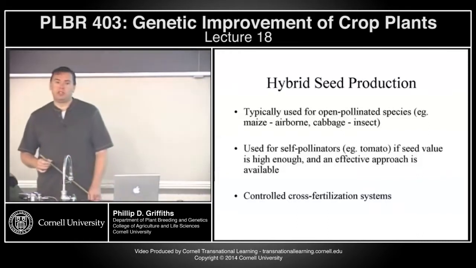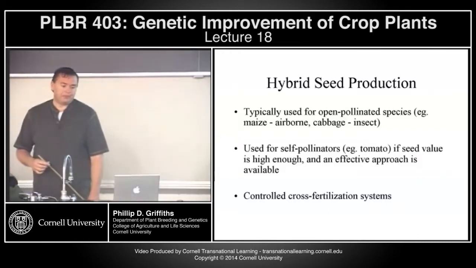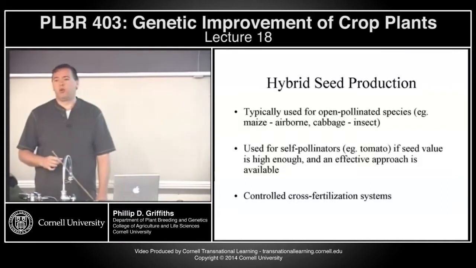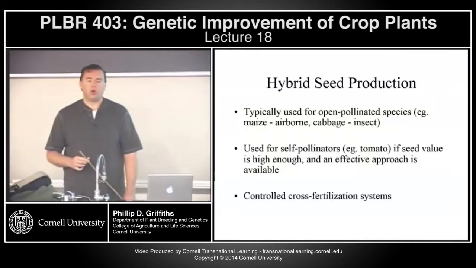It should also be noticed that hybrid seed production does not work in all crops. In fact, it's not used in many crops. Many of the large crops that are typically self-pollinating include wheat, soybean, rice, lettuce, common bean, although attempts to use hybrid seed production in many of these crops like rice and lettuce has been attempted.